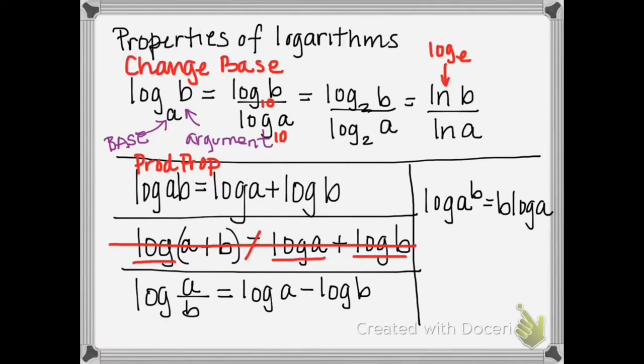And then down here at the bottom, we've got the quotient property of logarithms. You can see that log of a over b is equal to log a minus log b.